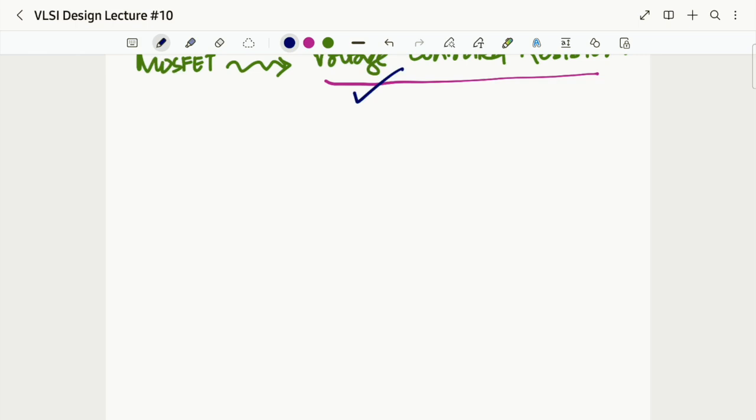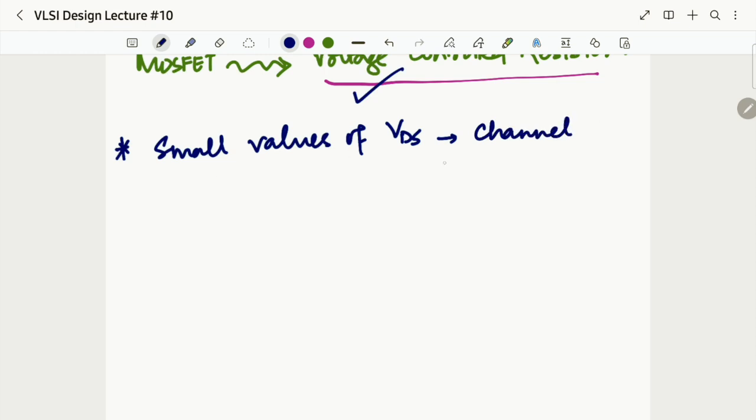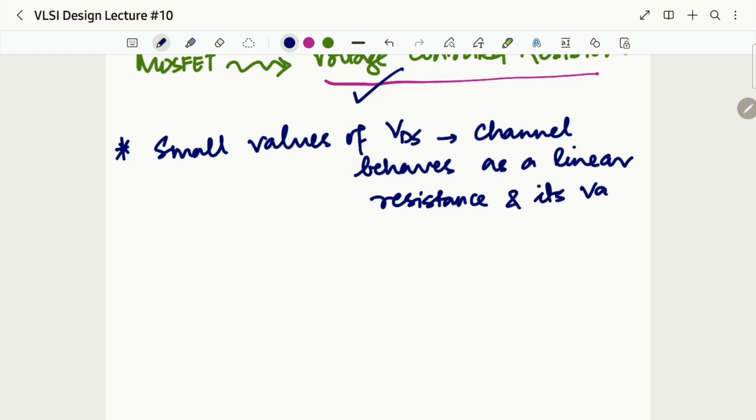First thing that we need to note down is, at small values of VDS, the channel behaves as a linear resistance, and its value is calculated by VGS minus VT.